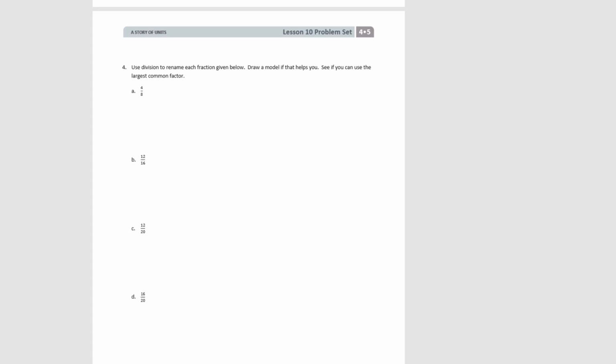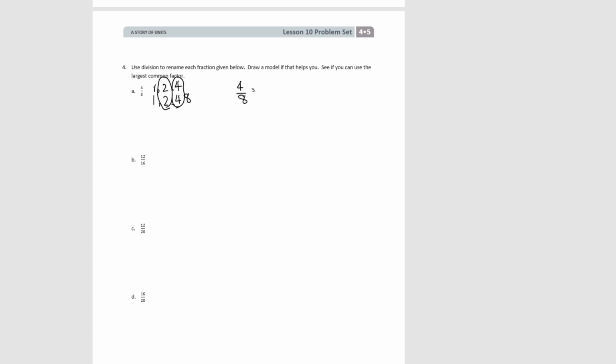Okay, for A, it's telling us if we can to use the largest common factor. So the factors of 4 are 1, 2, and 4. And the factors of 8 are 1, 2, 4, and 8. So I see 2 is a common factor and 4 is a common factor, but 4 is the largest common factor.